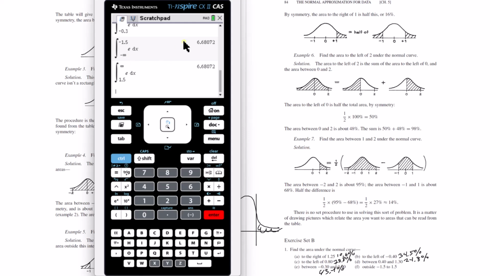And it's symmetric, so we could just multiply this by 2. But 13.4%.